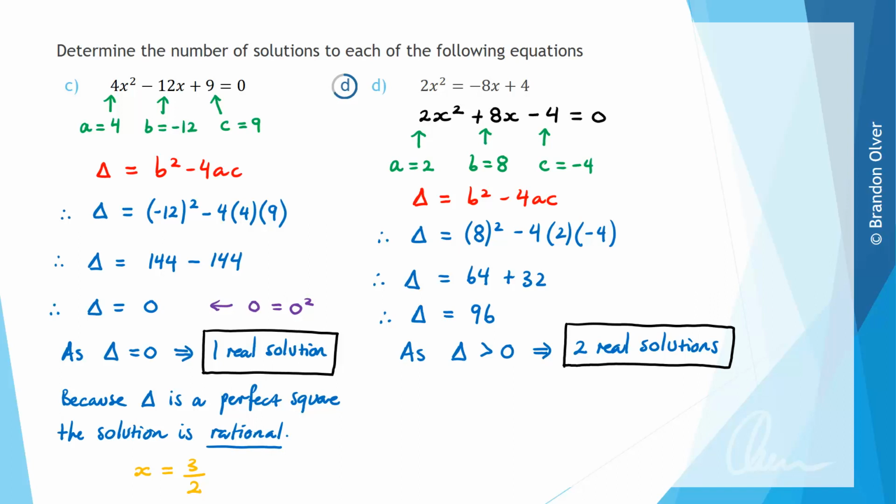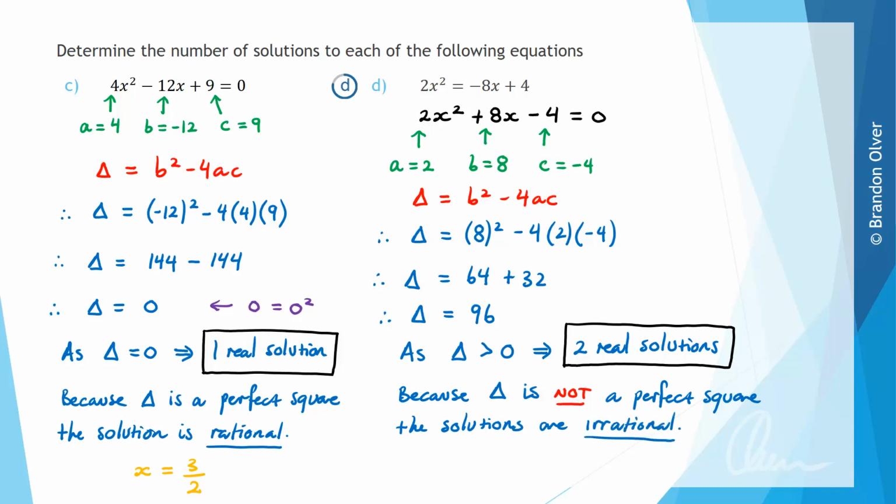So in this case, because the discriminant is not a perfect square, so that is 96 doesn't have a square root that's a nice integer value or rational value, that means that the solutions are, for this case, irrational. And just to explore more what we mean by irrational, I'll write down the solutions you'd get if you solved this on a calculator or did it by hand.